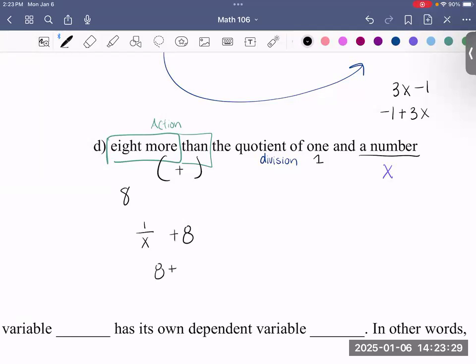Or because it's rules of addition, we could write it as such. This is the quotient, or the division, between 1 and a number. If it said 4 in a number, or 6 in a number, or -5 in a number, right? That beginning part should be up in your numerator.